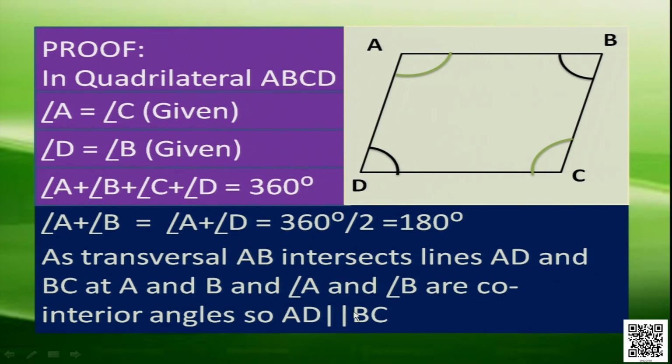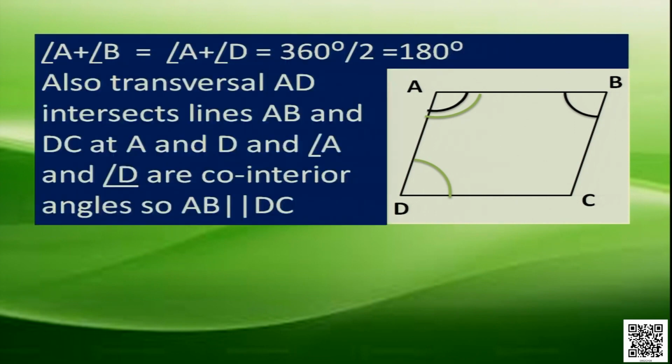Now similarly, we can also say this for angle A and angle D. For that, which is the transversal? Here AD is the transversal, and AB and CD are the lines it intersects at A and D. So angle A and angle D are the co-interior angles, and we know that angle A plus D is equal to 180 degrees.